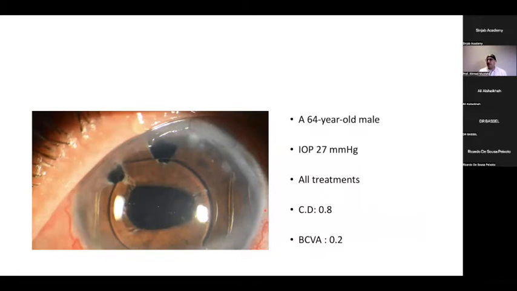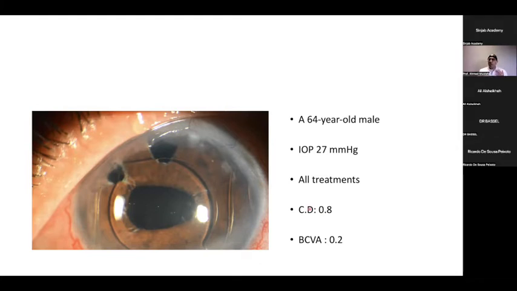Now we can have this scenario: a one-eyed patient who has an anterior chamber lens. This is definitely a kind of complicated surgery. You can see multiple iridotomies, the pressure is high under all treatments, and the disc is severely damaged, so we actually need to do something.